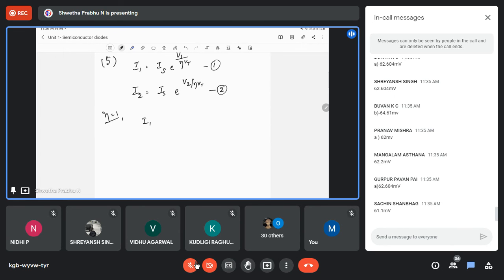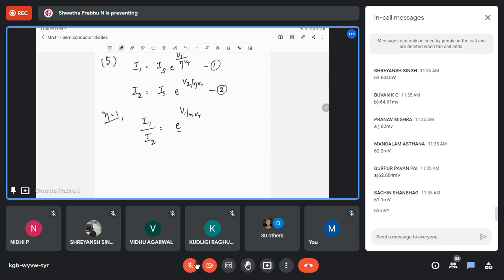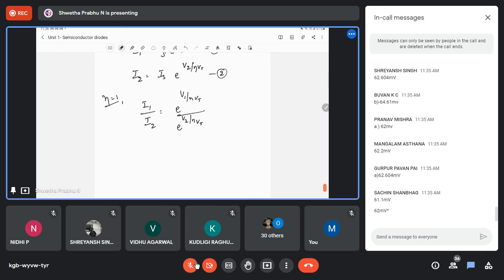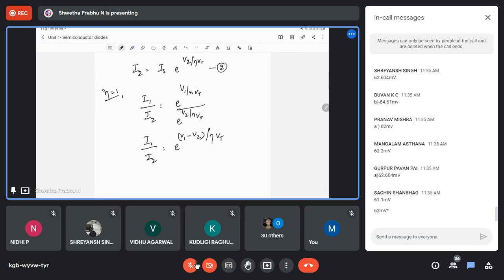So I1 by I2: Is and Is will get cancelled. So I1 by I2 is e to the power (V1 minus V2) divided by eta Vt.